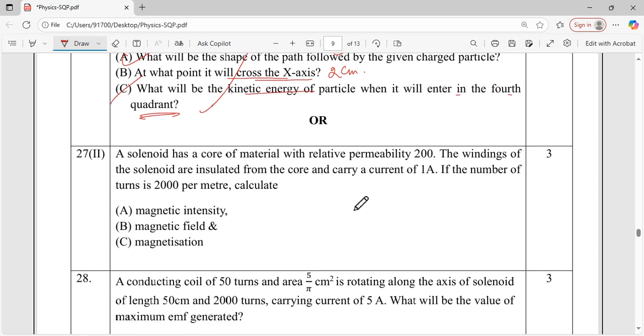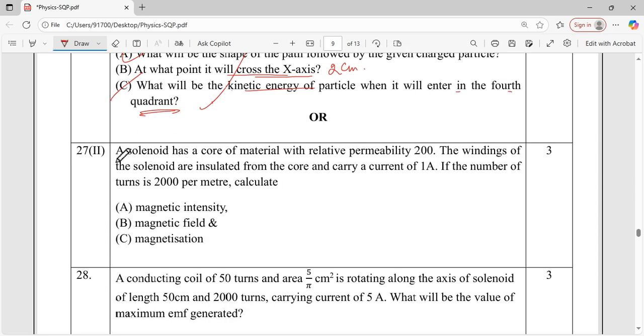Now the OR option of question 27. A solenoid has a core of material with relative permeability 200, and the windings of the solenoid are insulated from the core and carry a current of 1 ampere. The number of turns is 2000 per meter.